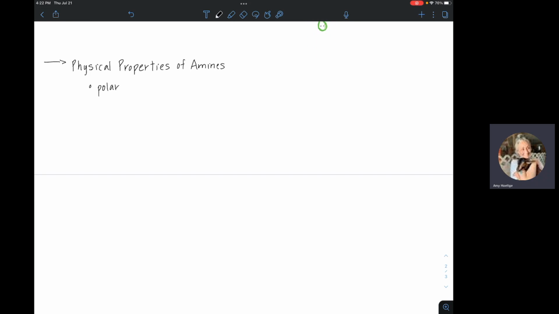So these amines are polar compounds. Primary and secondary amines can hydrogen bond, right, because the nitrogen is directly bonded to a hydrogen.